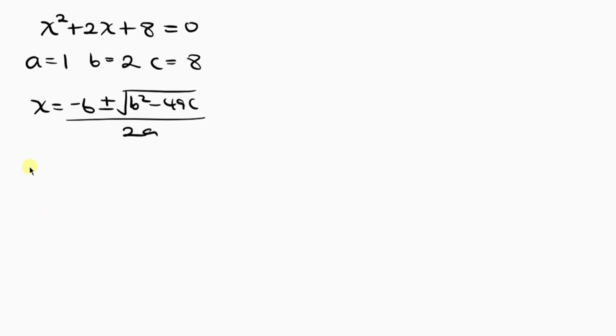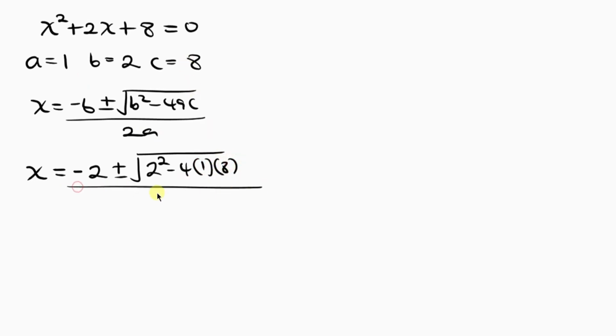So on substituting, I'm going to have x to be equal to negative b, that is negative 2, plus or minus the square root of b squared, that's 2 squared, minus 4 times a. What is a? a is 1, times c is 8, all over 2 times a, that's 2 times 1.